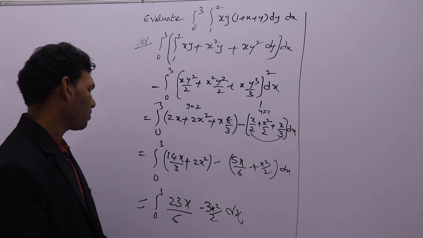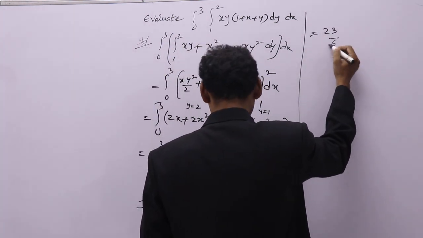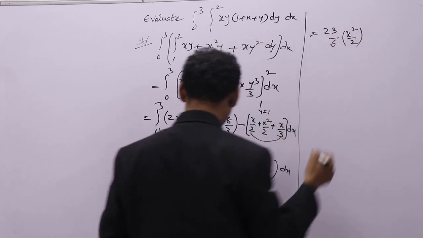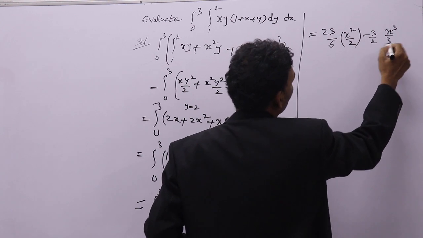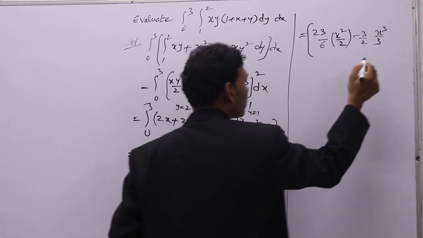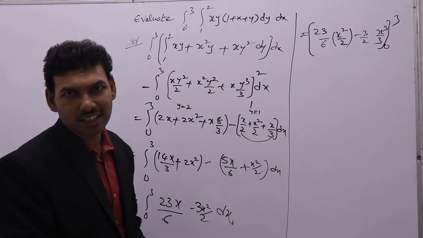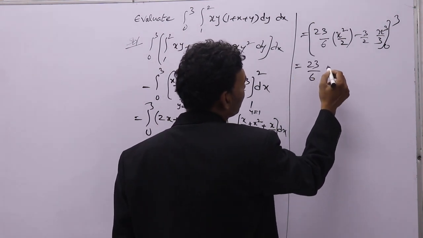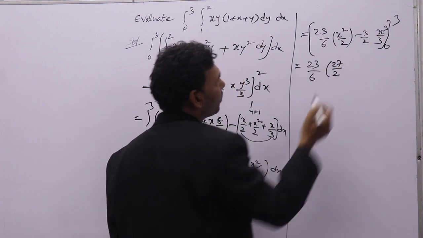Now integrate with respect to x, what will you get? 23 by 6 x square by 2, minus 3 by 2 x cube by 3, limits 0 to 3. First write 3. If you write 3, what happens? 23 by 6 into 3 cube, 27 by 2.